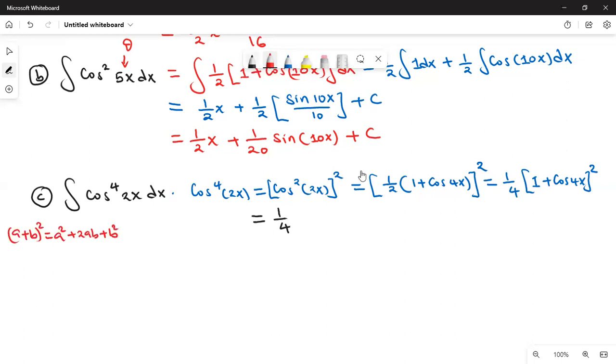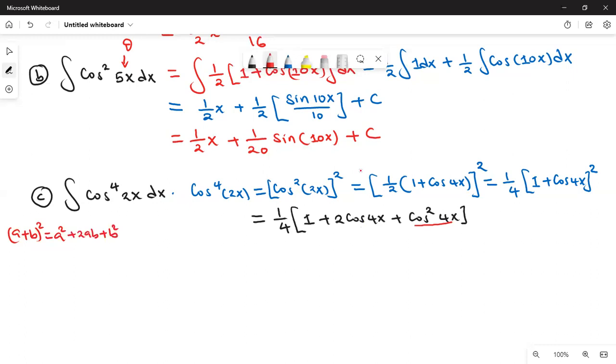So when we expand that, we are going to get 1 over 4 outside. 1 squared is 1 plus 2 cosine of 4x plus cosine squared of 4x. So now you need to know what is cosine squared of 4x.